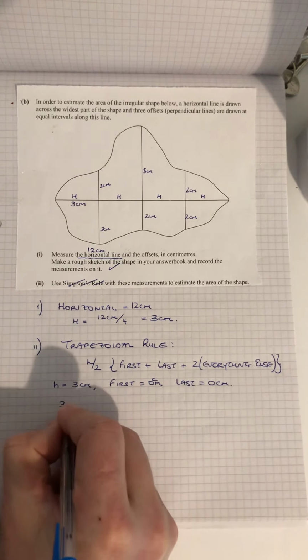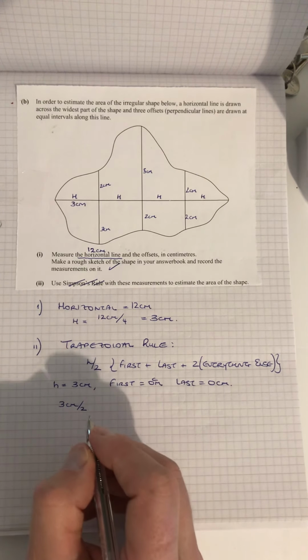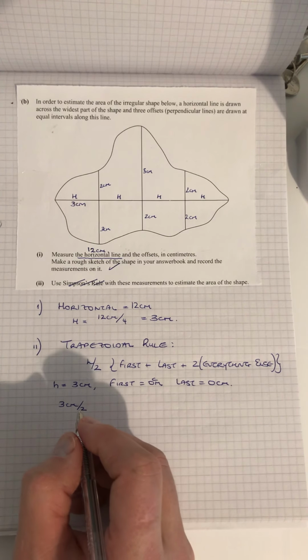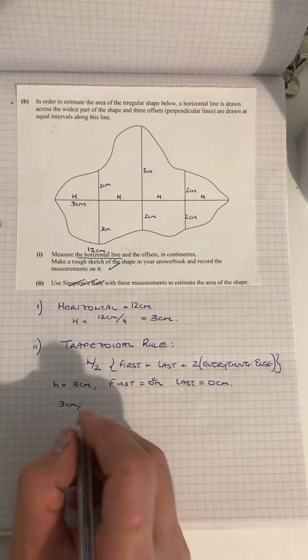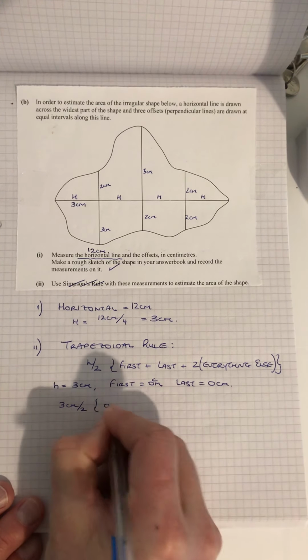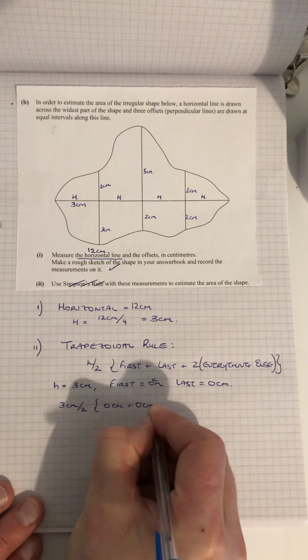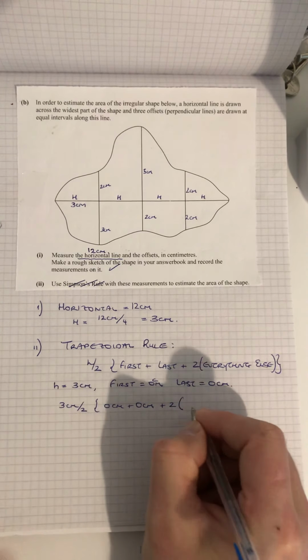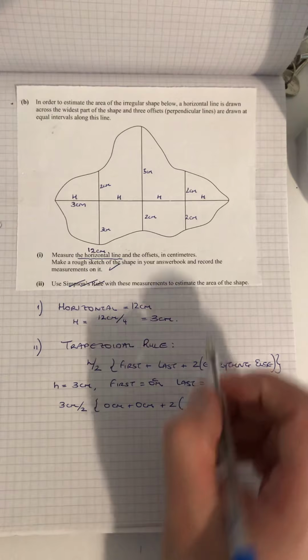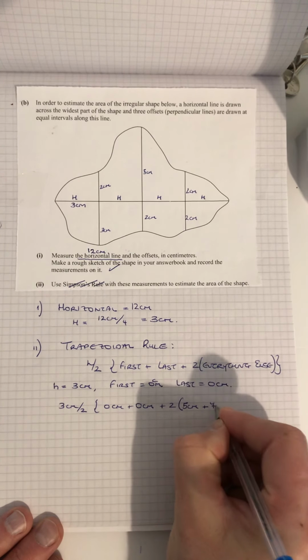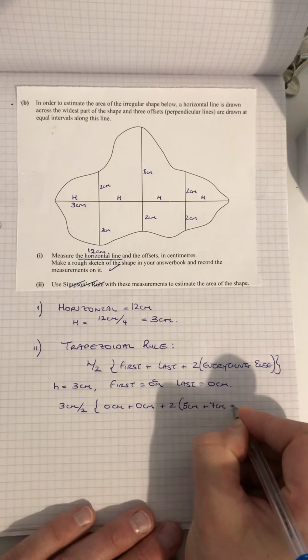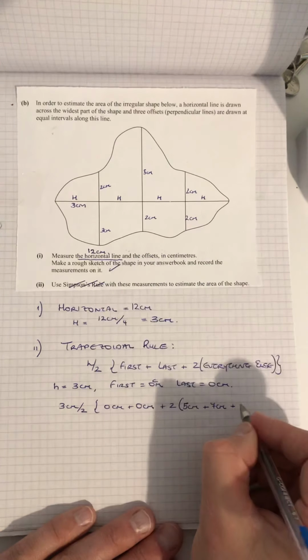So H is 3 centimeters over 2. You know the first is 0, the last is 0, and it's 2 times everything in between. So 2 and 3 is 5 centimeters, 5 and 2 is 7 centimeters, and 2 and 2 is 4 centimeters.